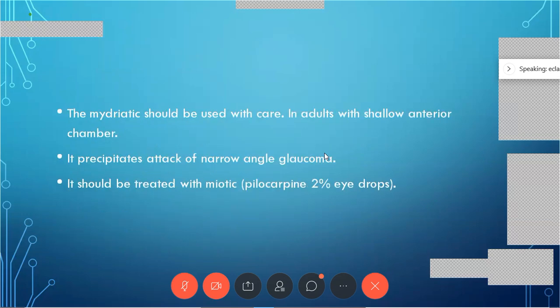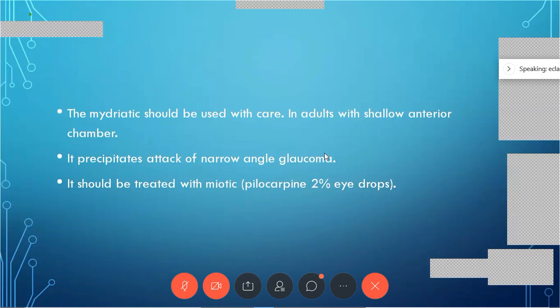This should be used with care in adults with a shallow anterior chamber, that means only small eyeballs. Some people will have small eyeballs, and before giving these drops, you should see the anterior segment, whether the patient is having any shallow anterior chamber, because if a mydriatic drug is used in these patients, there will be every chance of getting an acute attack of angle closure glaucoma due to closure of the angles.